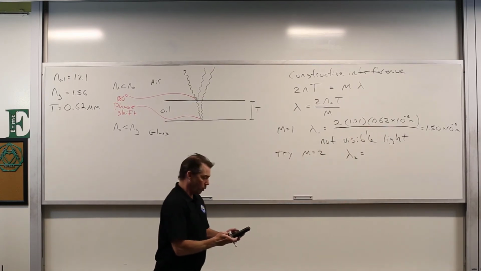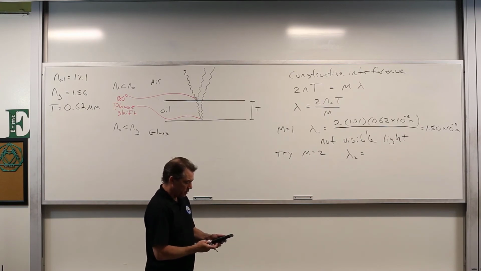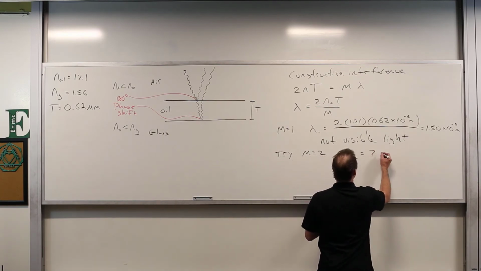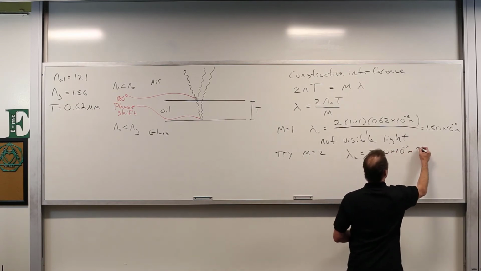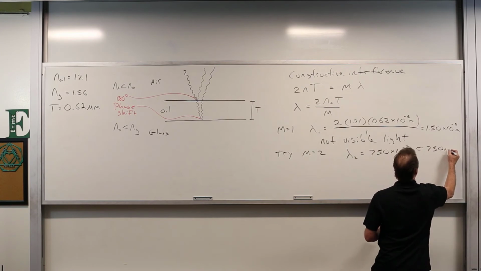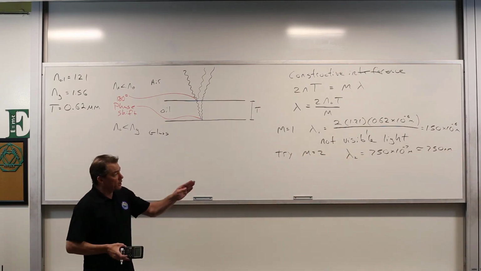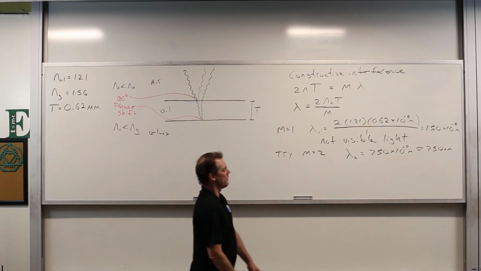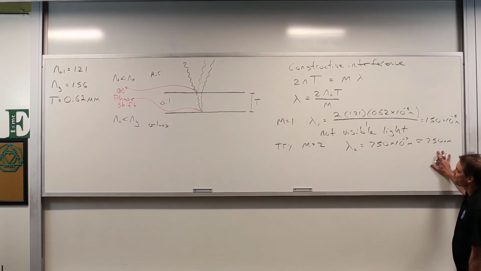Stick in a 2 instead of a 1 there, and we get 750 times 10 to the negative 7 meters, which is about 750 nanometers. That's getting pretty close to the visible region. That's on the far edge of red light. It's still considered infrared, in my opinion.